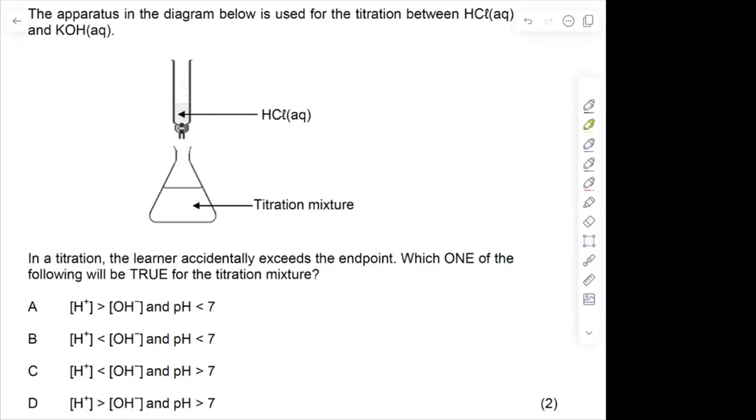Okay, 10 seconds, guys. 5, 4, 3, 2. Thanks, Leander. 1. And time is up.